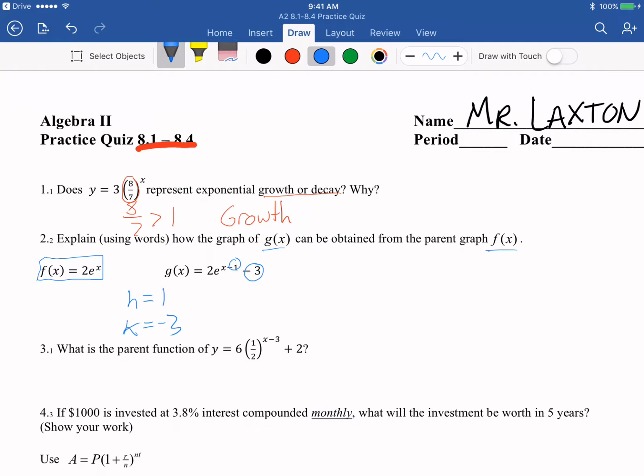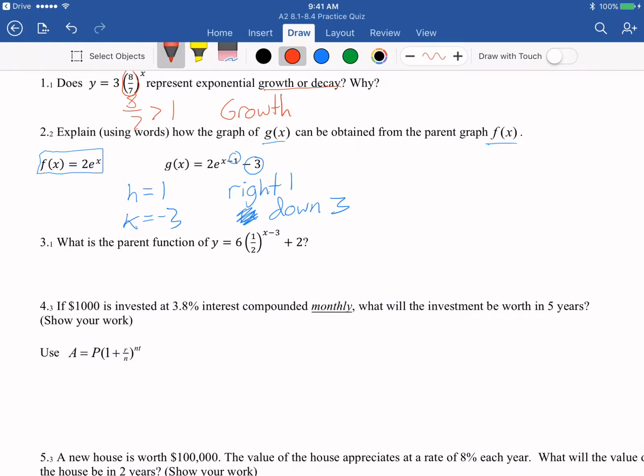So my h moves my graph right and left, and my k moves up and down. So this guy moves right 1 and down, not up, down 3 because it's negative there. All right, so just tell me how that guy moves. That's all you got to say.